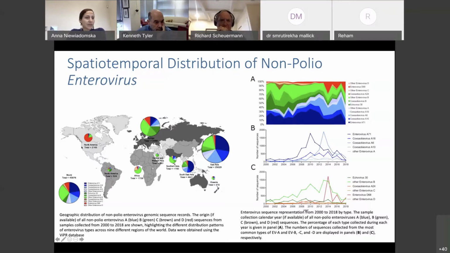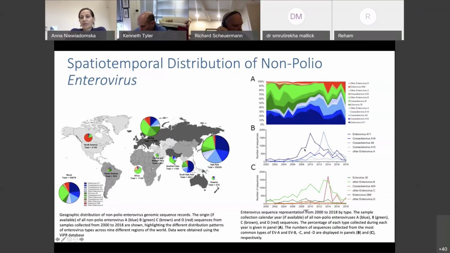So you can see, for example, in North America, most of the sequences were Enterovirus D-68 between 2000 and 2018, whereas in Asia, most of the circulating enteroviruses belong to different Coxsackie species, or Enterovirus A71.